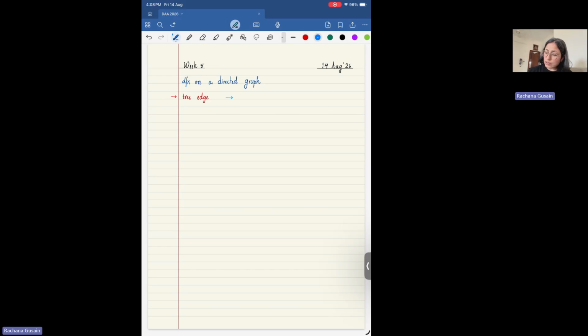In these non-tree edges, we can have a back edge, a forward edge, or a cross edge.